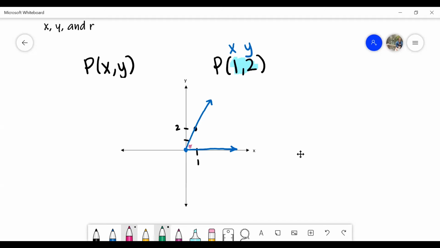So now what we're going to do with this is create a right triangle. From this point, from P, we're going to go straight down, and it should line up with your X value, which in this case is 1, right? By going straight down like that, we've created a right angle, which again gives us a right triangle.